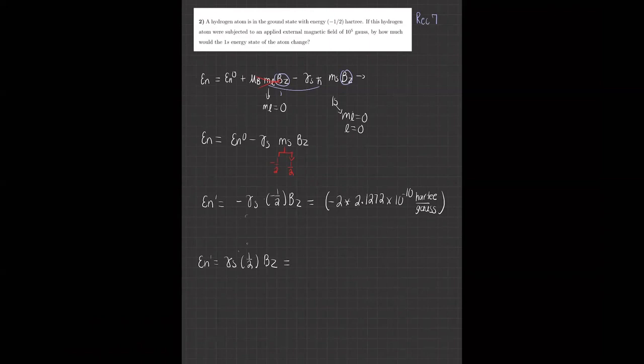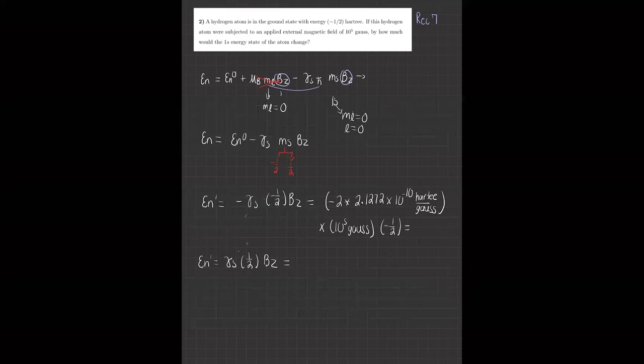And it's for that term, and we multiply that by the amount of Gauss applied, which is 10 to the 5th. And we multiply it by the spin number -1/2. Hopefully I solved this correctly. 2.1272 times 10 to the negative 10.